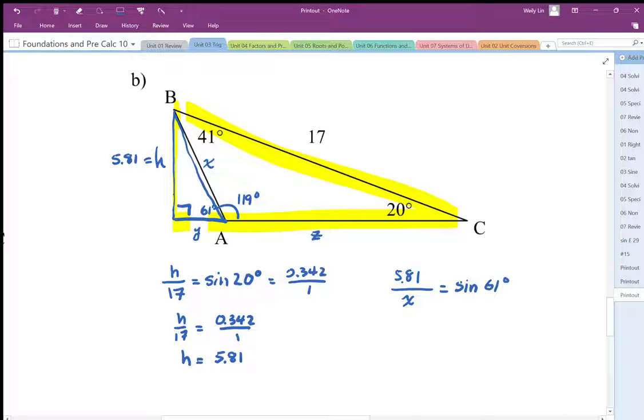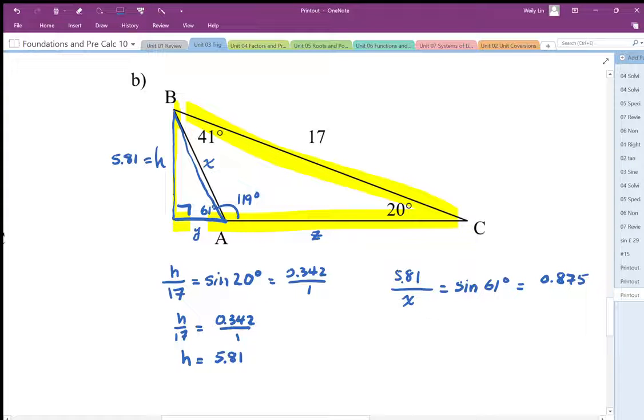So I'm going to type that into my calculator: sine of 61 degrees gives me 0.8746, so I'm going to round that to 0.875.